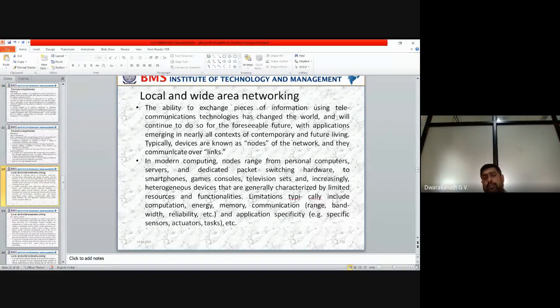In our IoT and M2M terms, telecommunication technologies play a very important role, because of them only IoT exists today. Without telecommunication technology, there wouldn't be IoT projects today.